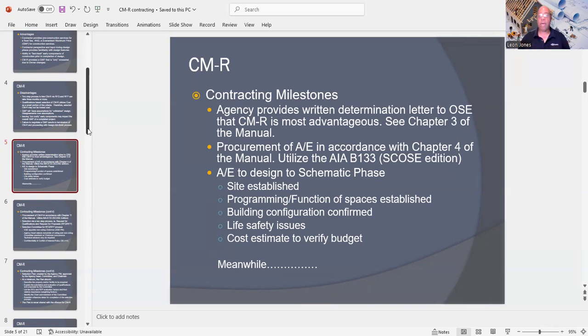So under the schematic phase, you're going to have an established site. You're going to have functional or programming of spaces established. The building configuration is also confirmed. Then you're going to deal with life safety issues. And then finally, you're going to have a cost estimate to verify the budget.